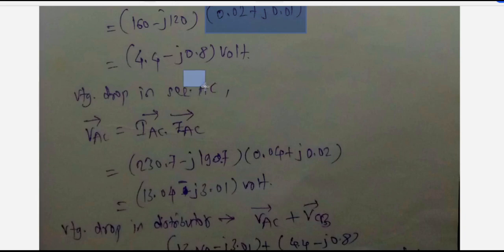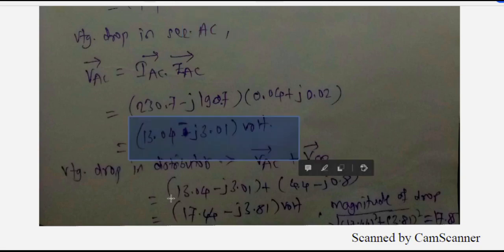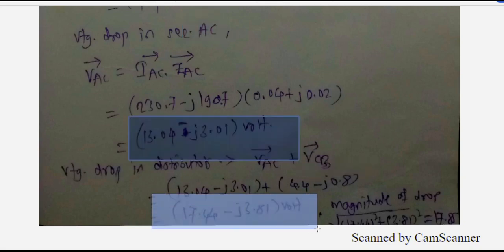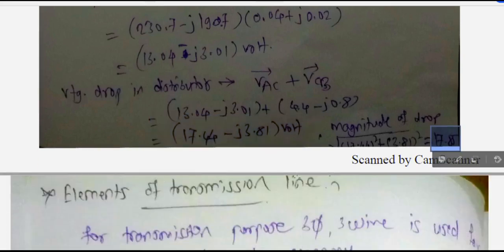So this is for the section AC. We are interested in the voltage drop in distributor, VAC plus VCB. Put all the values together and we will get the final value as 17.44 minus j times 3.81 volt. If we are interested in the magnitude of the drop, then take the square and take the square root of this. So that is 17.85.